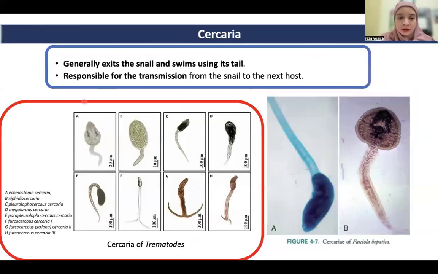And this is the cercaria. Generally, they exit the snails and swim in the water using their tail. It's responsible for transmission from the snail to the next host. This is cercaria of trematodes. They have different shapes of tail.